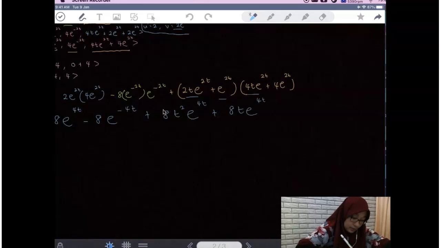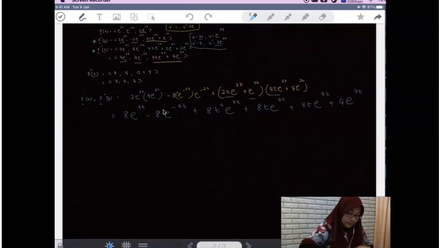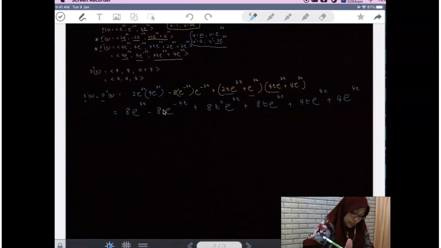Now we have this one plus 4t e to the 4t plus 4 e to the 4t. Okay, so is there anything that we can simplify?